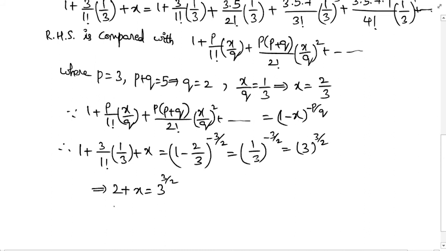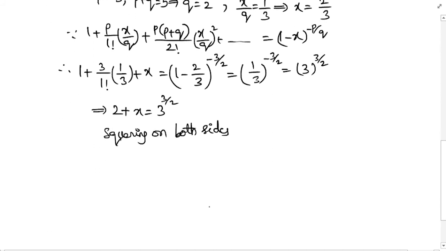Now what we'll do is square on both the sides. Squaring on both sides, what do we get? We get (2 plus x) whole square is equal to (3 power 3 by 2) whole square.